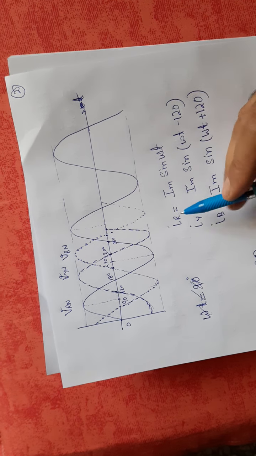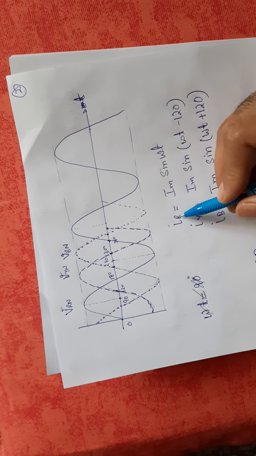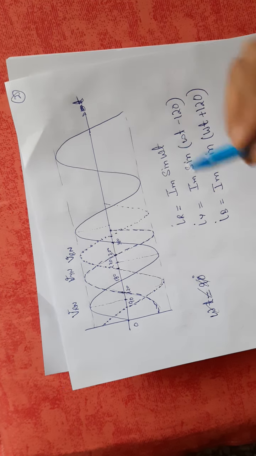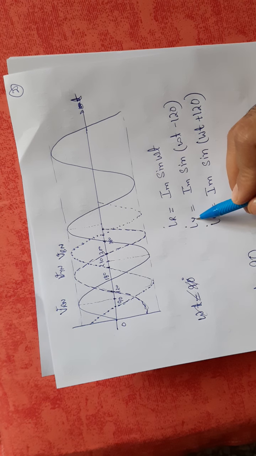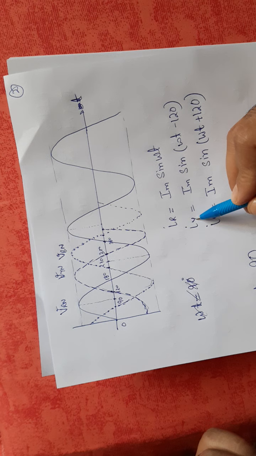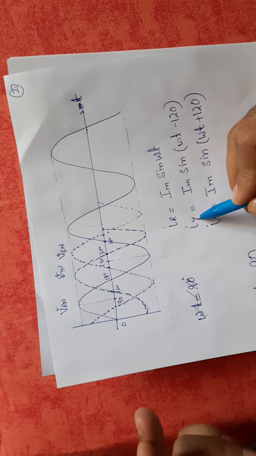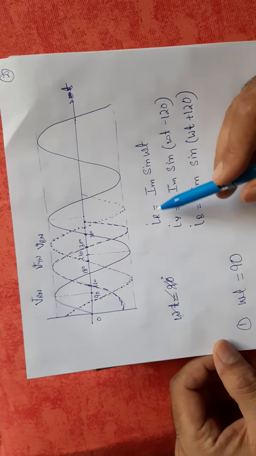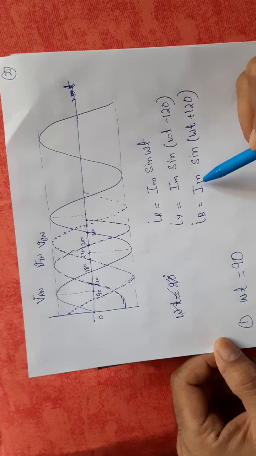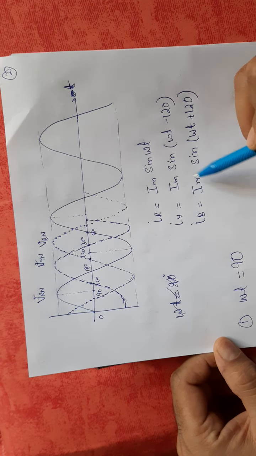So I am saying, if I am taking R as the reference, current in the R phase is given by Im sin omega t. What will be the current in the Y phase? Since this is a balanced system, a balanced 3-phase winding is energized by a balanced 3-phase supply, the magnitude of the current in all the 3 windings will be equal.